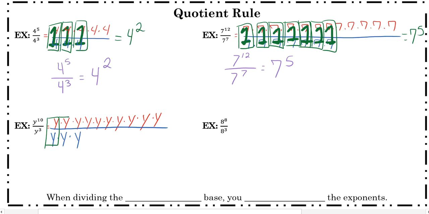And if I see how many y's are being divided by themselves, that reduces to 1, 3 ones, 1 times 1 times 1, and then I am left with y to the 7th power. So y to the 10th divided by y to the 3rd equals y to the 7th.